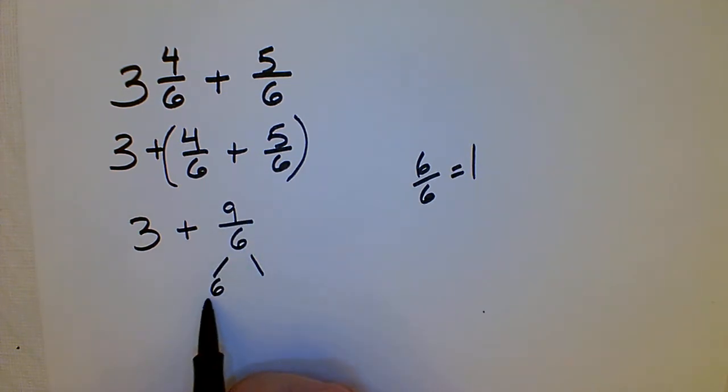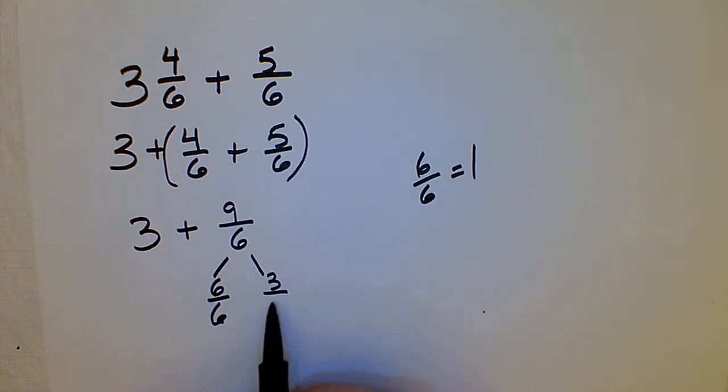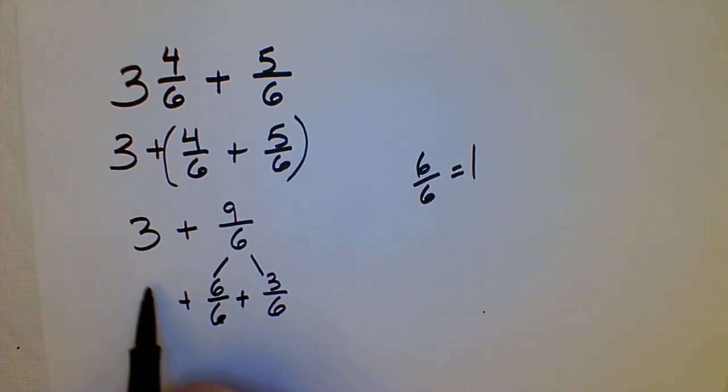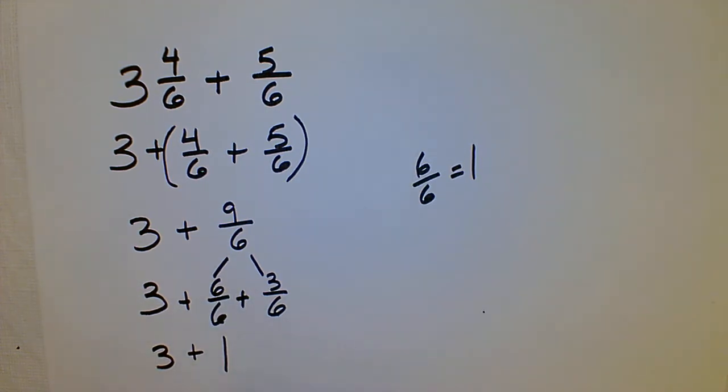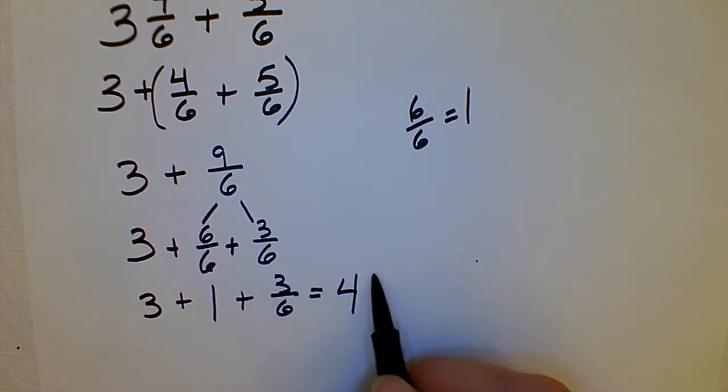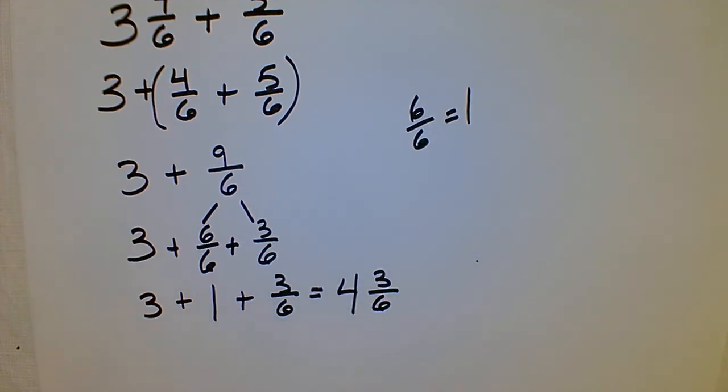So I'm going to take out groups of 6/6, and I can get 1 out of there. And then I'm going to have 3 left over here. I had 9 pieces, I put 6 there, I have 3 over there. And again, think of these as being added together, right? And then we still have our 3. So now we have 3 plus, this can just become a 1, plus 3/6. And what do we end up with? We end up with 3 plus 1 is 4 and 3/6.